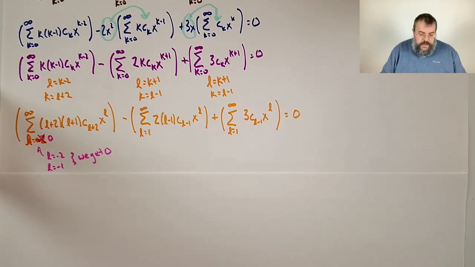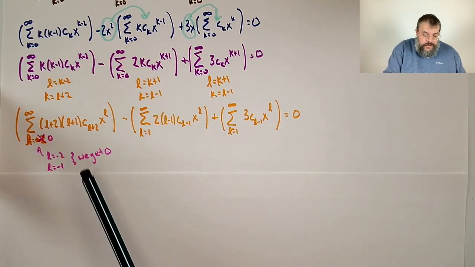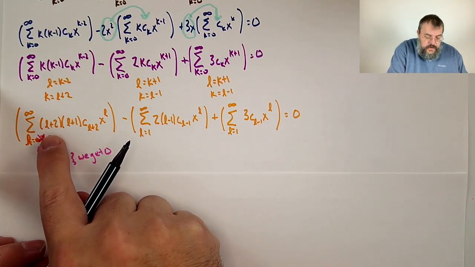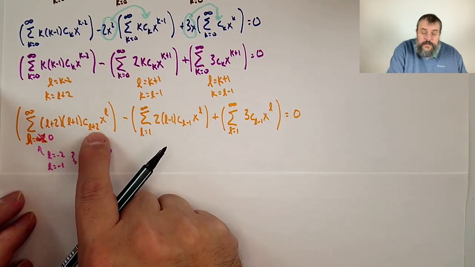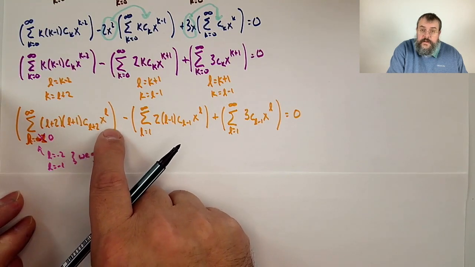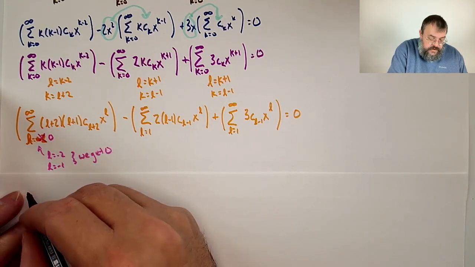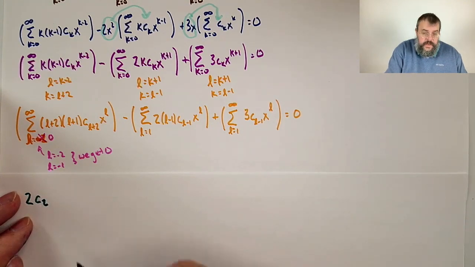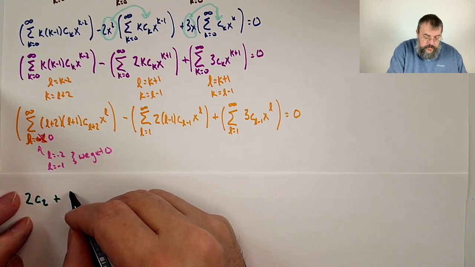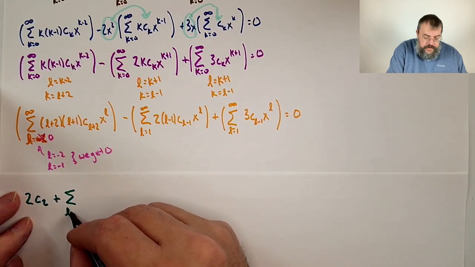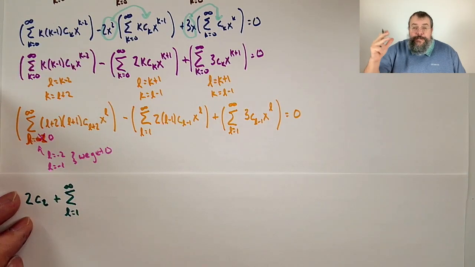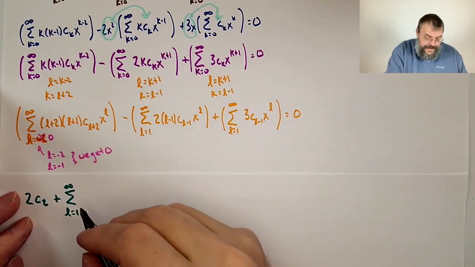So we now have the following. At L equals 0, we just have the first term. And what do you see? Well, you see 2 times 1 times C2 times x to the 0. So that becomes 2C2. Then, starting from 1, everything can go into one sum. Our one sum to rule them all.